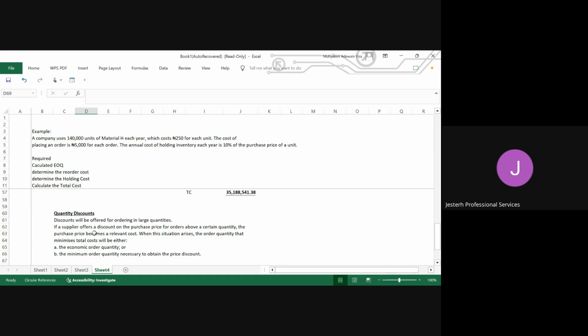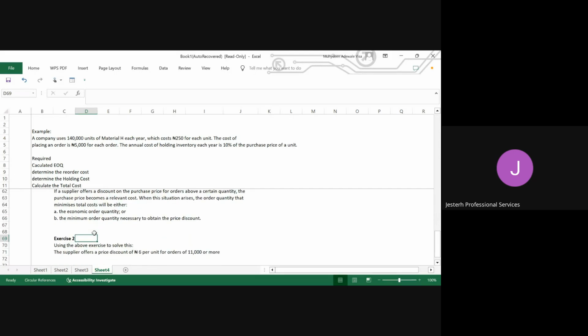Whenever they decide, they will go with the lower price, the one that has the total lower cost at the end of calculating both sides, the one they have already structured, and then whenever the supplier decides to give them some discounts in buying a number of units of materials.